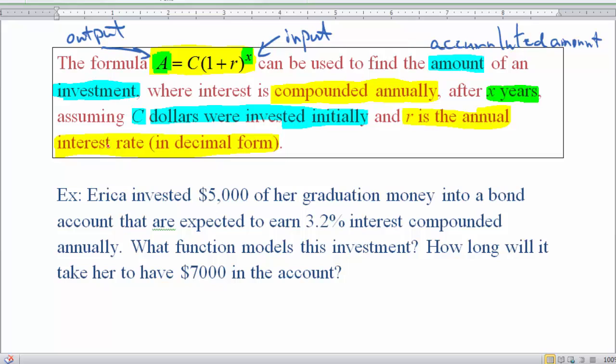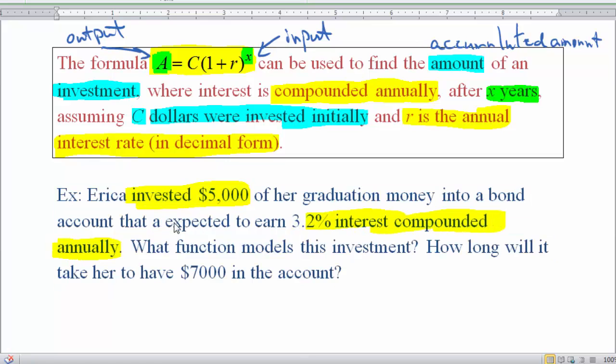So, simple example. Erica invested $5,000 of her graduation money into a bond account that is expected to earn 3.2% interest compounded annually.